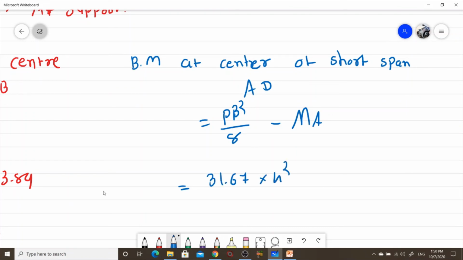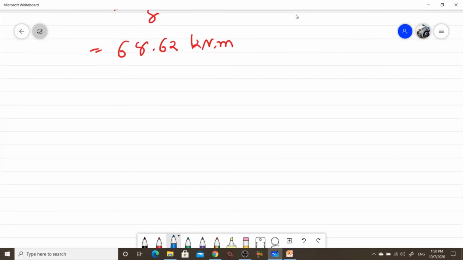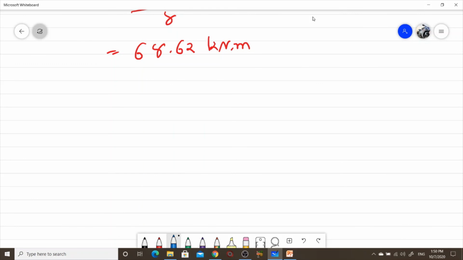Length is changed, 4, whole square, divided by 8 minus MA, 73.89. So the value is minus 31.66 kilonewton meter. Okay, so we found both moments.